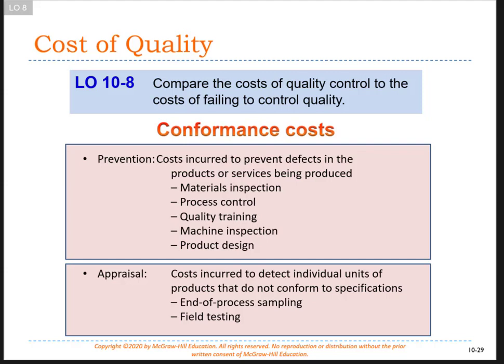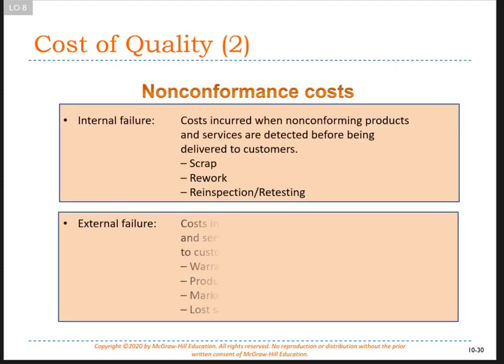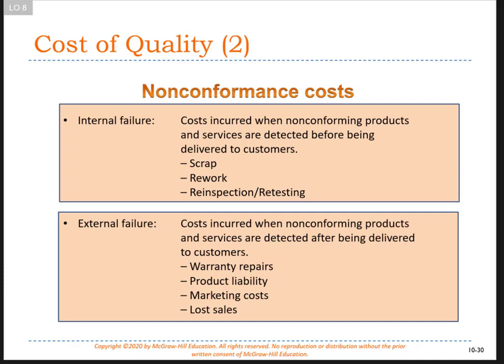And what you want to remember when you're working on homework or any of the other applications of this is, if you have an item that doesn't meet specifications, not only do you have costs that you can't recoup because they're spent, you're giving up the contribution margin that you would have if you had a good unit that you could actually sell. So that's the conformance side.